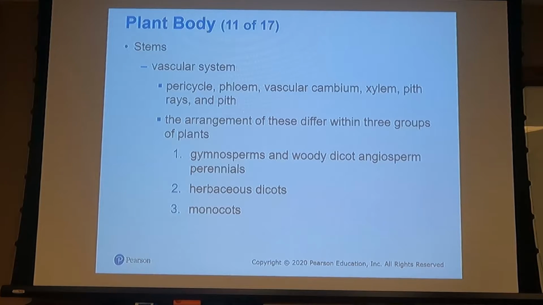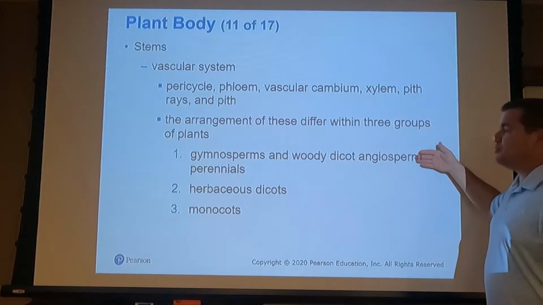We have the vascular cambium, the xylem, which is going to transport nutrients from the roots to the shoots. Pith rays, and pith. So the pith rays and the pith are going to be kind of species dependent, and so the arrangement of these are going to vary within the three groups that we have.